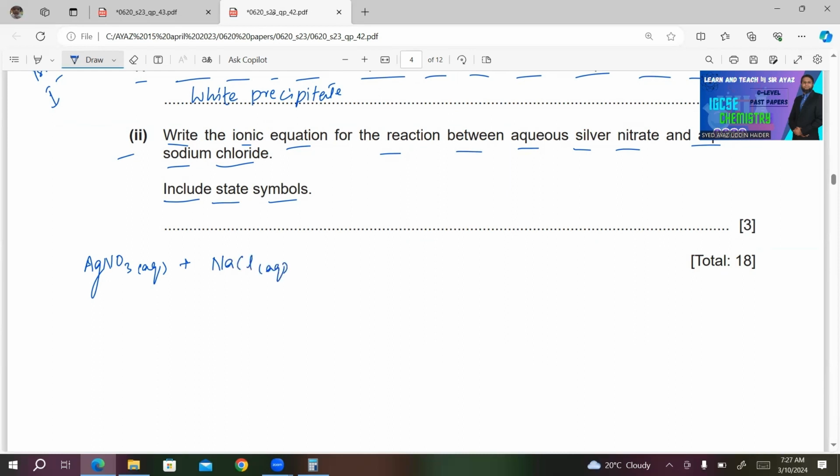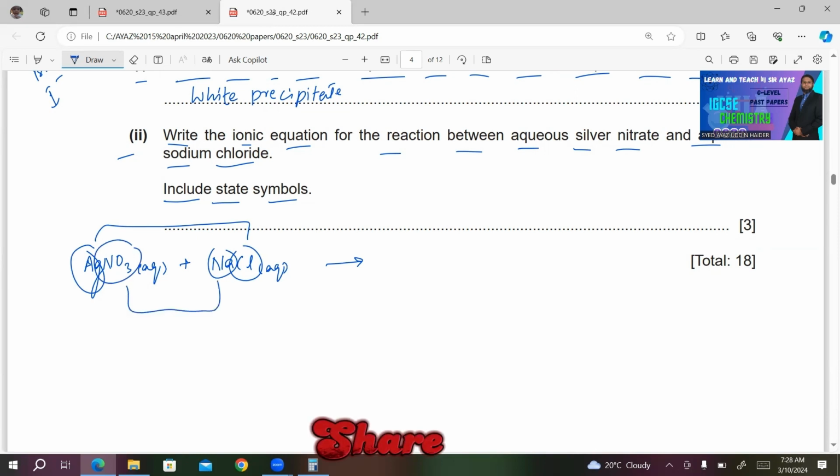This is an example of a displacement reaction as well as a precipitation reaction. So what will happen? The partners will be exchanged. Ag will combine with Cl and Na will combine with NO3. So we'll get AgCl, which will be in solid state, and NaNO3 aqueous.